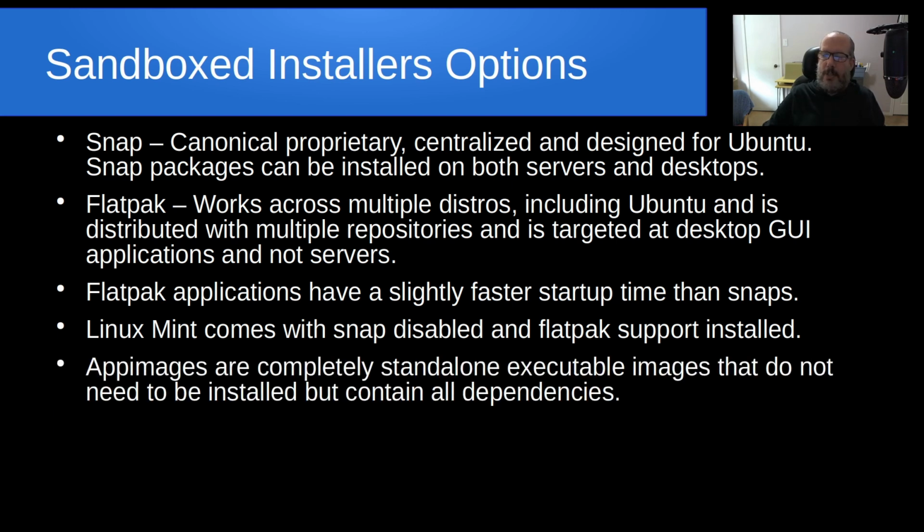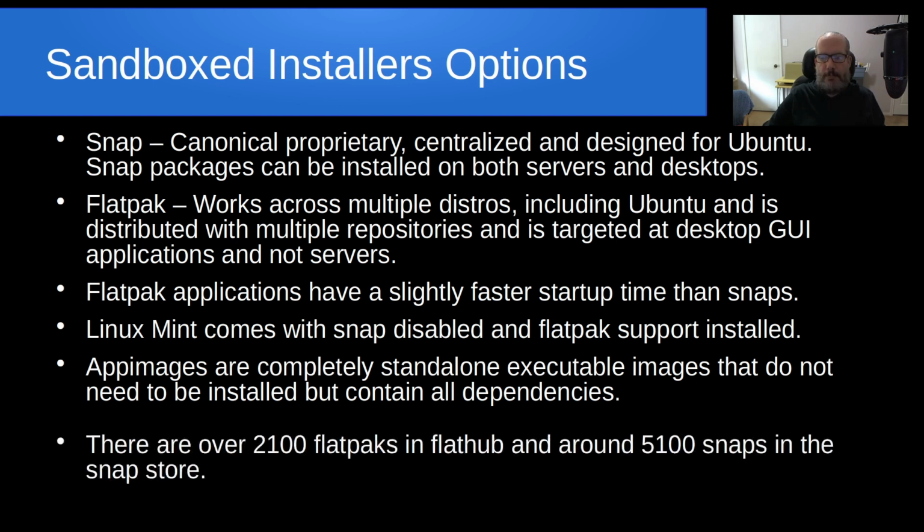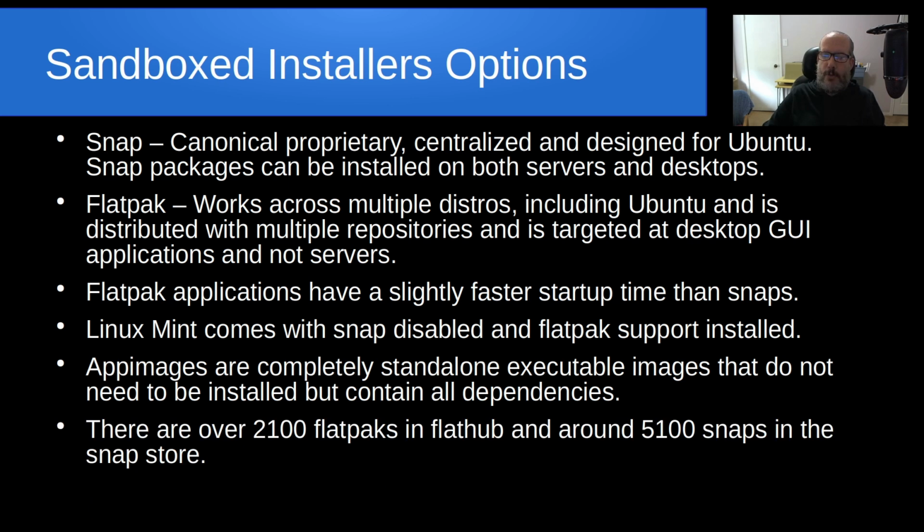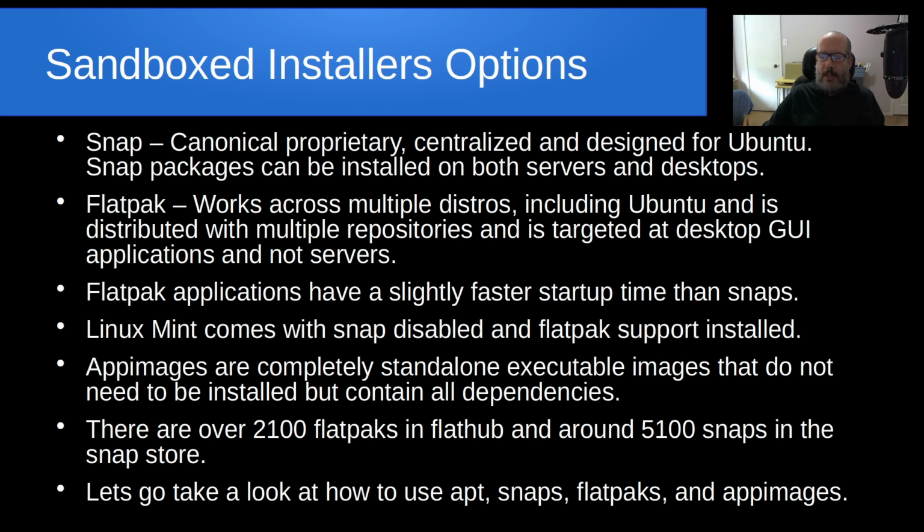AppImages are completely standalone executable images that don't need to be installed, but they contain all dependencies to allow an application to run. There are over 2,100 Flatpaks in Flathub, but there are around 5,100 snaps in the Snap Store. Let's go take a look at how to use apt, snaps, flatpaks, and AppImages.